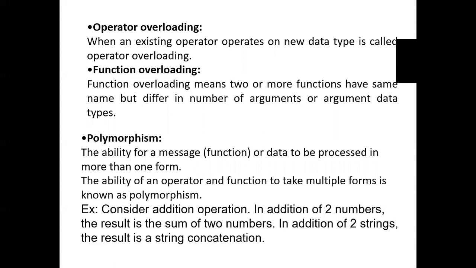If you take any two numbers, then we get one more number as a result. If I take the example of 2 plus 2, then I get one more integer number 4 as a result. That is the sum of the first two given numbers. And in case of addition of two strings, that results in a string concatenation.